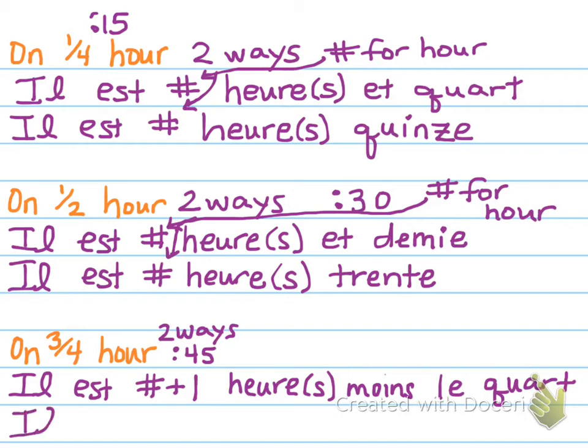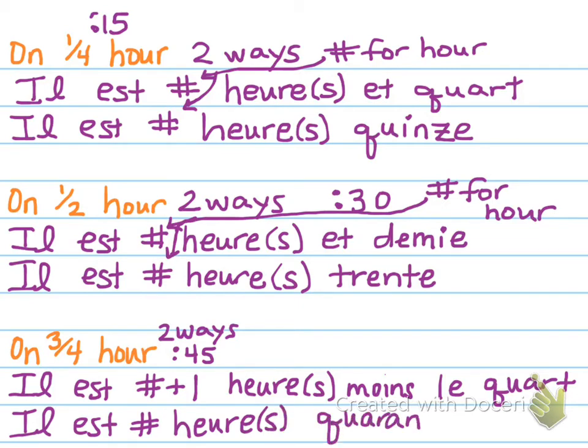My other option is still to use the specific number of minutes, which is just going to be the hour and 45. So the two ways to say 4:45 would be il est 5h moins le quart, or il est 4h45.